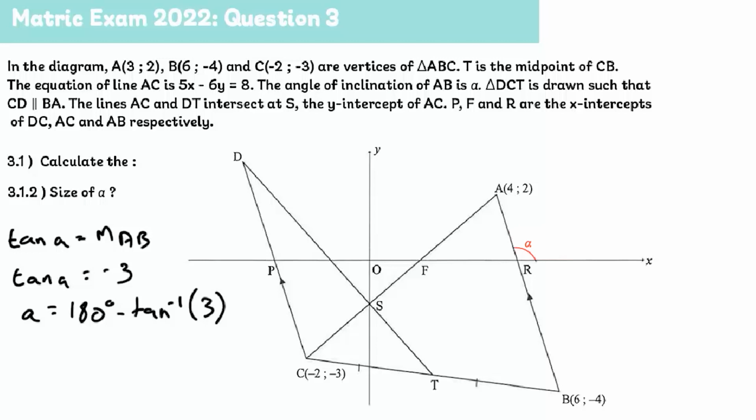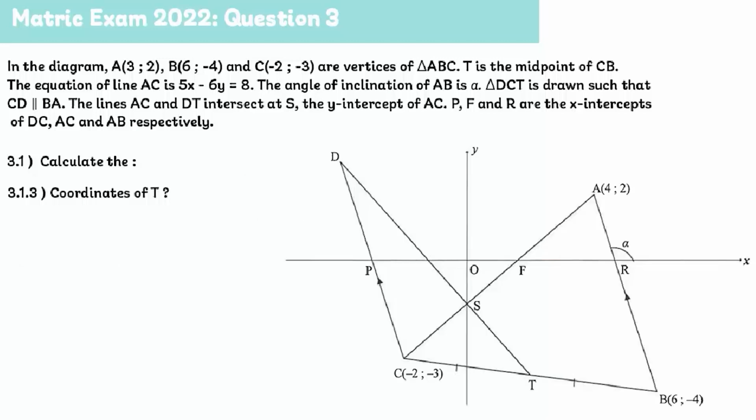Notice that I get rid of that minus 3, I just put 3 in there. You punch it into your calculator, and therefore alpha is equal to 108,43 degrees.